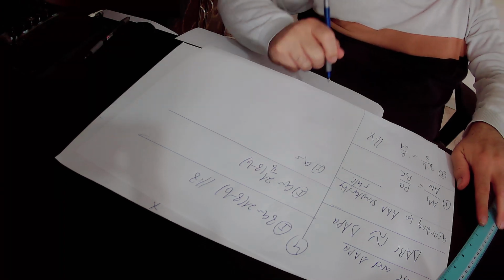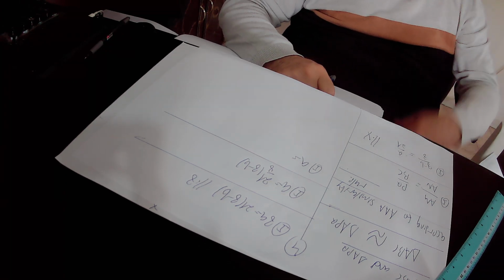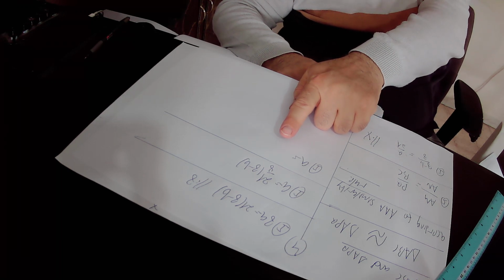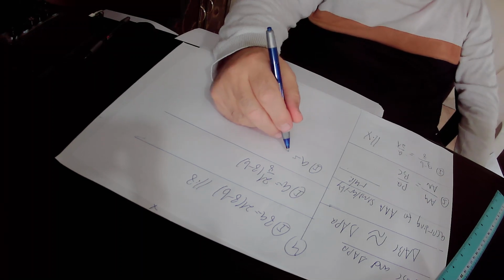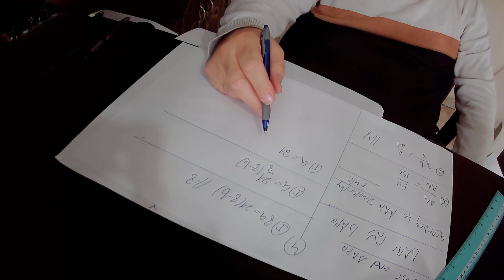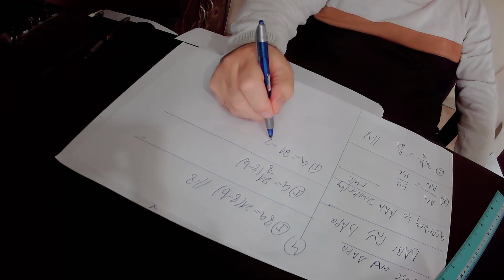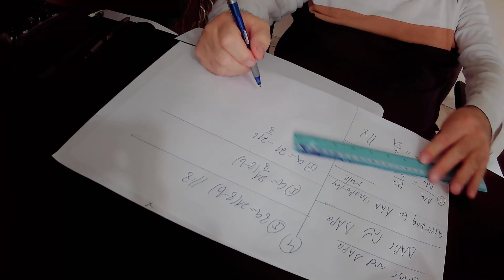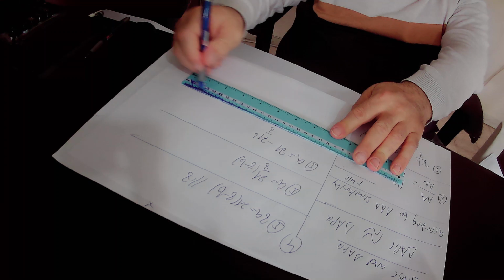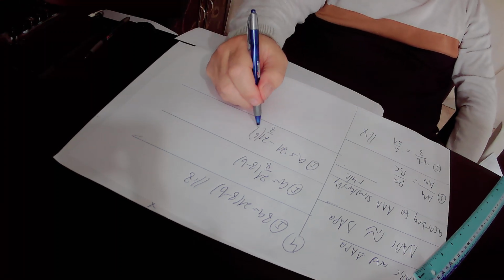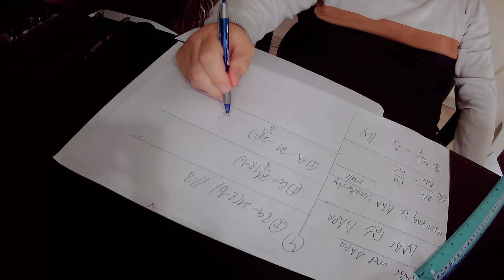So A equals 21. We open the brackets on this side of the equation, so 21 over 8 times 8 is 21, and 21 over 8 times minus B is minus 21b over 8. Here we multiply this equation by b.